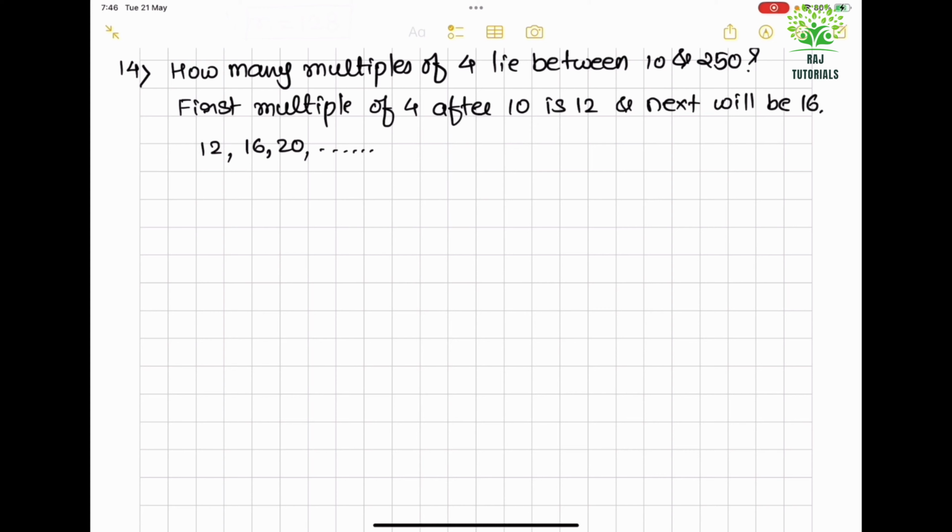Now still I don't know the last number. To get the last number, it should be below 250. When we divide 250 by 4, the remainder is 2.